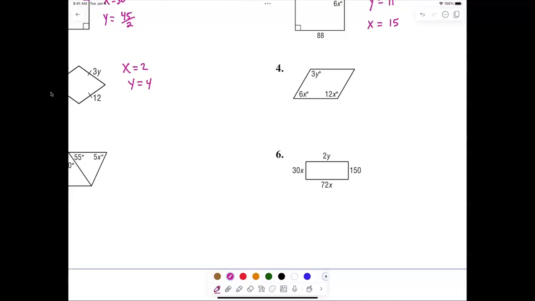For question number 4, the easiest way to do this is to look at consecutive angles. They add up to what?